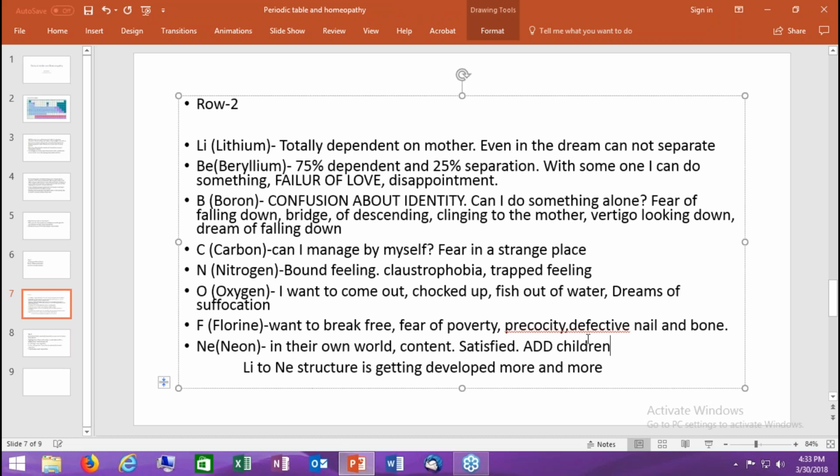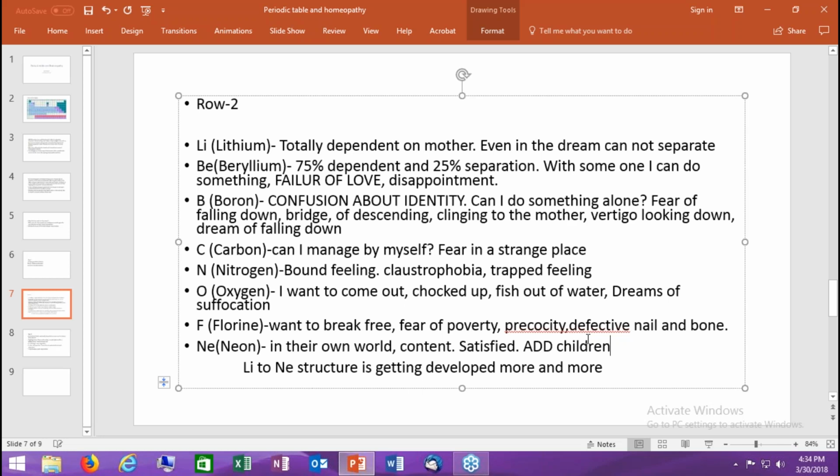In addition to this, we find the nails are defective or malabsorption of calcium, the bones also having defect, the strength of the bone is less, or the bone pain at night, growing pain, or the undeveloped bony structures or late development of bones, all that indicates to our fluorine.